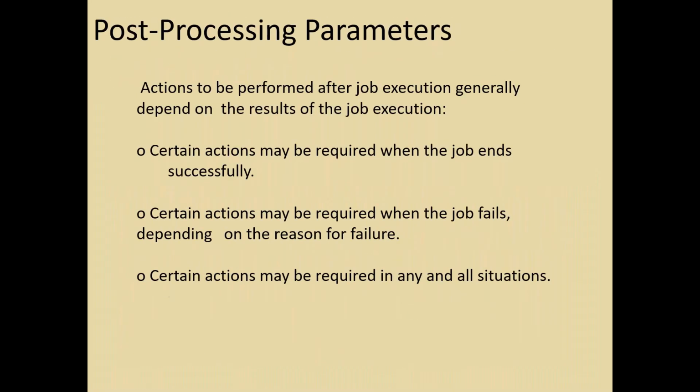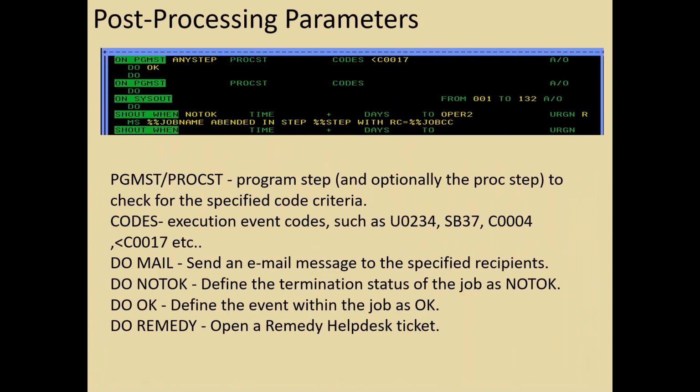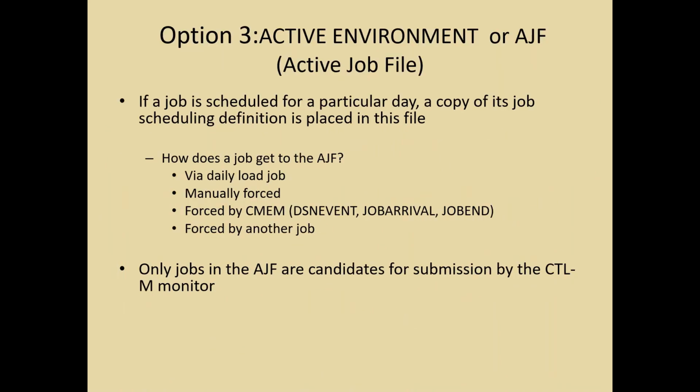In the data set, what we will do is, suppose I want 10 jobs to run today, 10 jobs to come to AJF, but depending upon certain files sent by Unix applications, which are not mainframe, certain files sent by other non-mainframe applications. When such files come to your mainframe box, you want certain jobs to run.